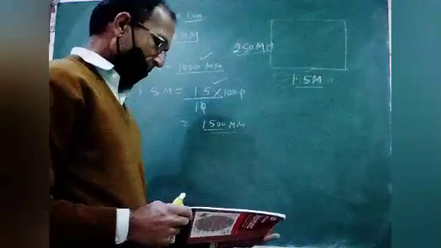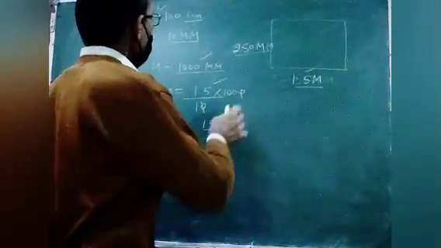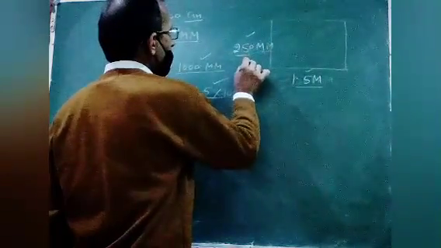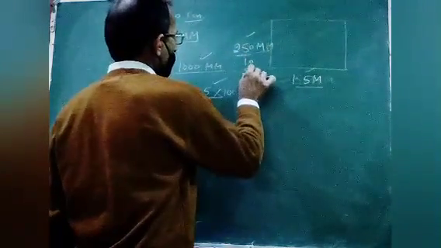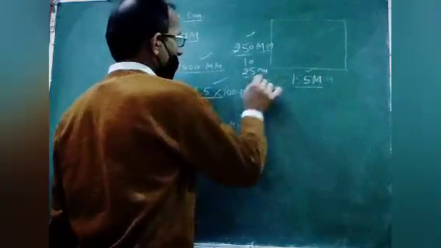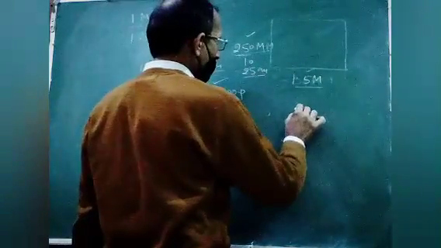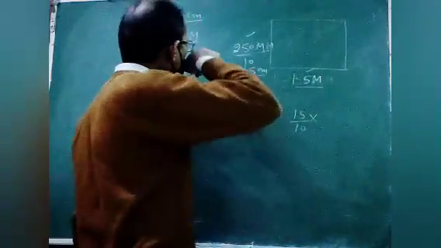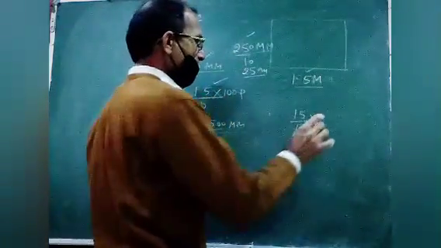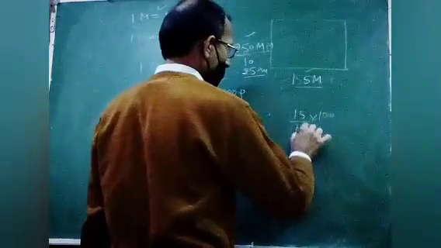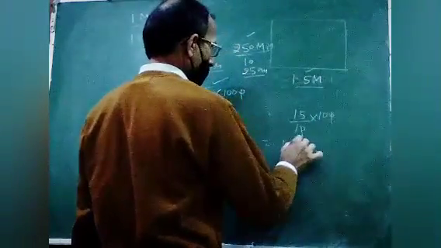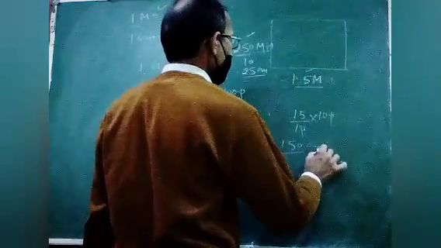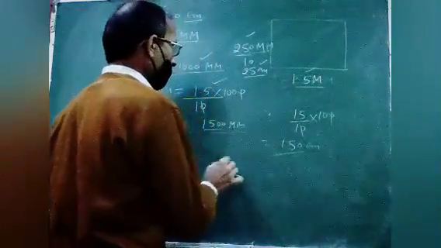So now convert into centimeter. 250 divided by 10 will be 25 centimeter. And 1.5 meter means 15 by 10. 1 meter has 100 centimeter, so multiply by 100. It will cancel, so it will be 150 centimeter.